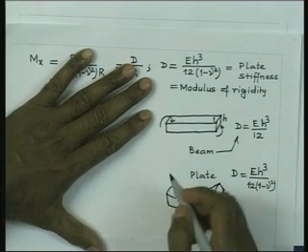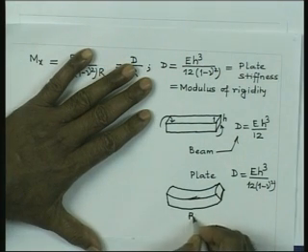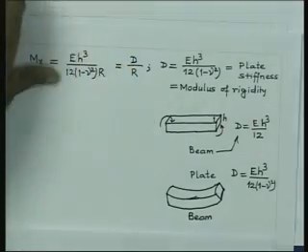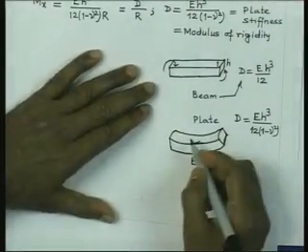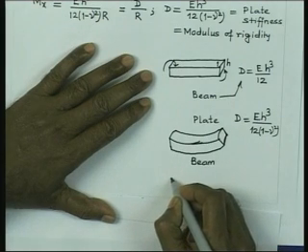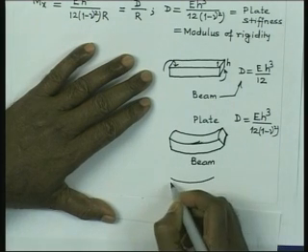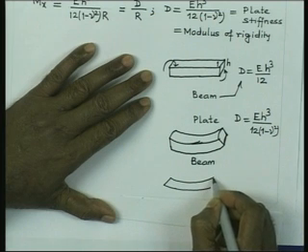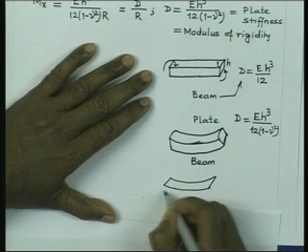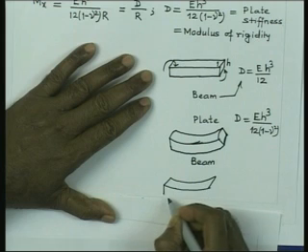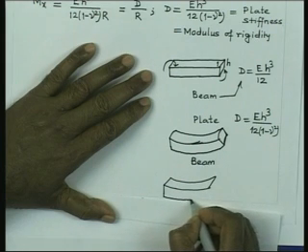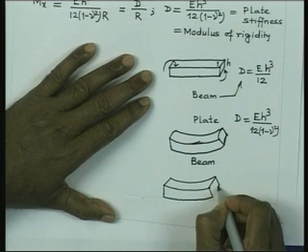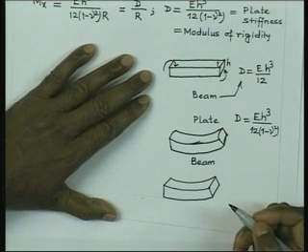But in the case of, so this is again for the case of beam, but in the case of plate, what we see is that this does not happen, it just gets bent like this.